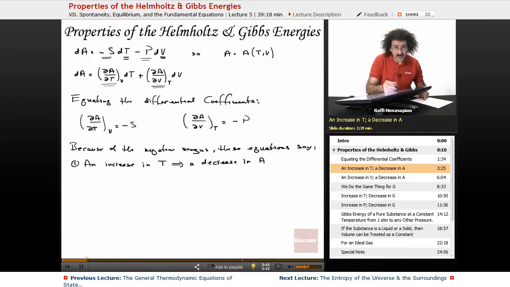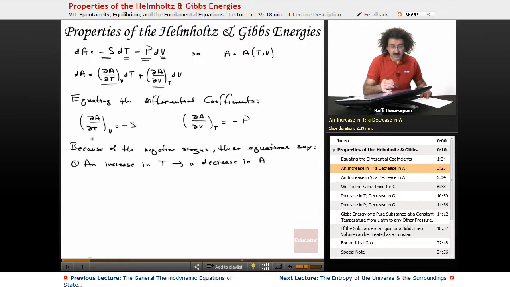If this goes up, this negative sign means that this goes down. Now, the higher the entropy, the more quickly the Helmholtz energy decreases.